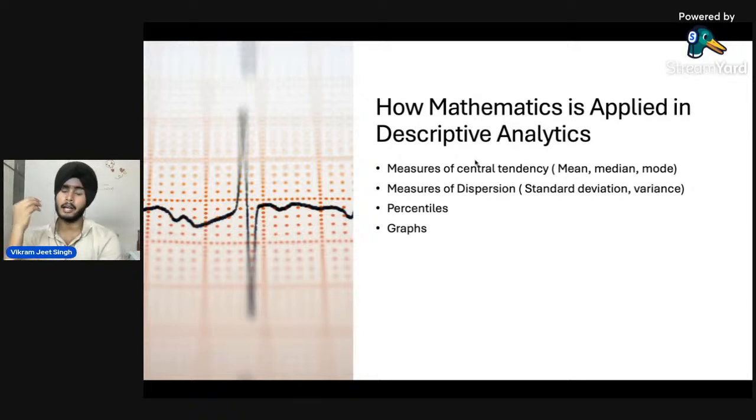Then I may use it to understand gaps in the data. Let's say we have 10,000 records, and out of those 50 values are missing.